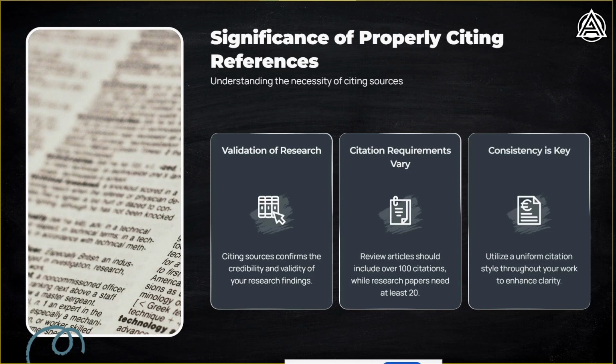In case of a review article we need to have at least 100 to 150 references, but you may have referred to only some 20 to 30 papers. If you add some irrelevant references to the reference section, that will lead to rejection.